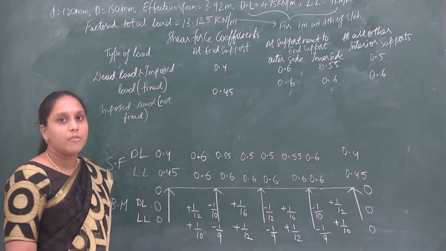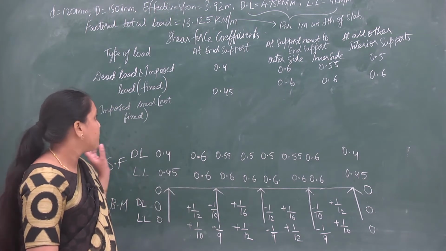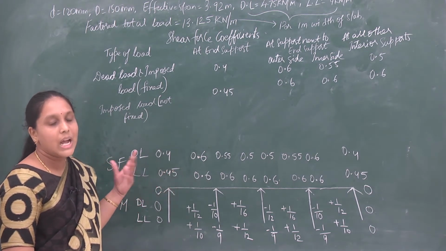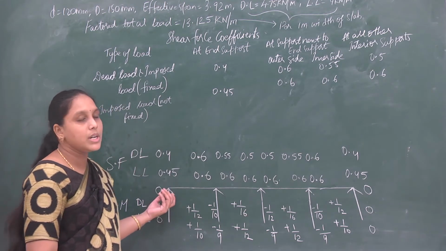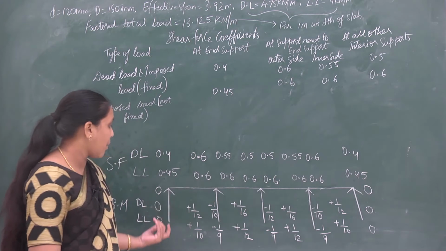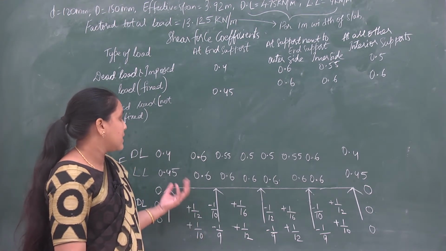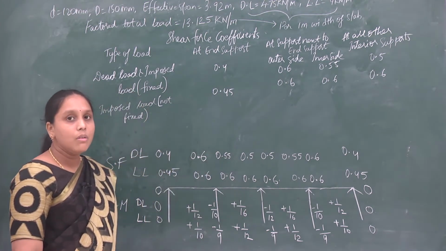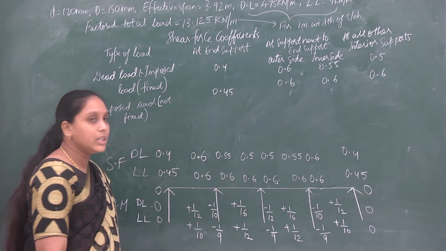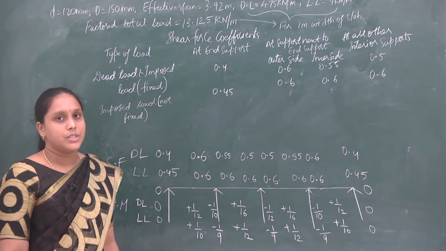So next what we have to calculate, individually we have to calculate the factored bending moment as well as the factored shear force at the supports, as well as the bending moments at the supports and at the middle of the span, and the shear forces at the supports. So now let us calculate the factored bending moment first.